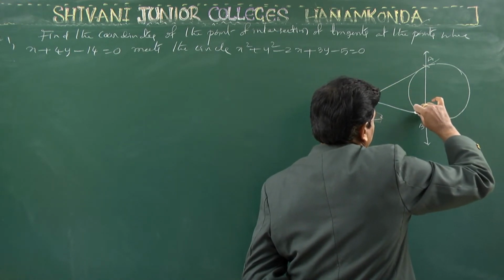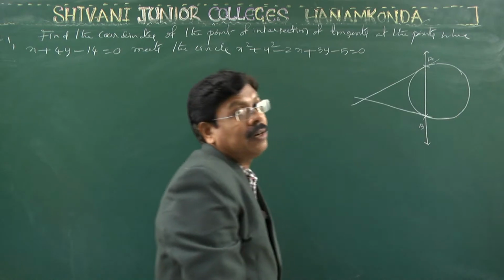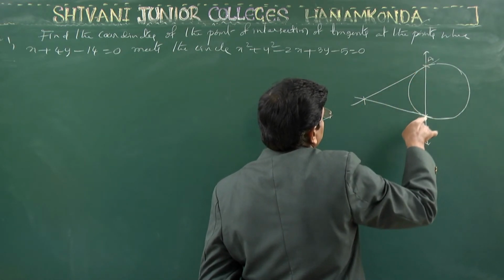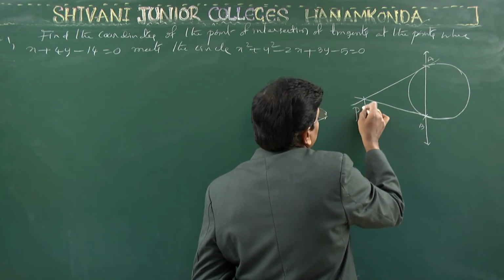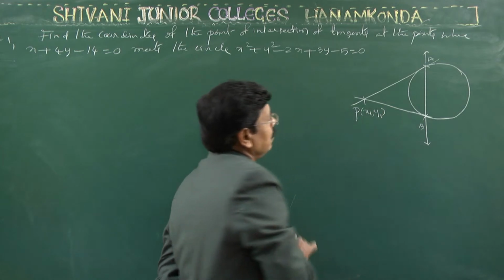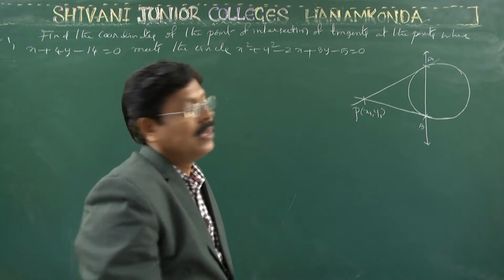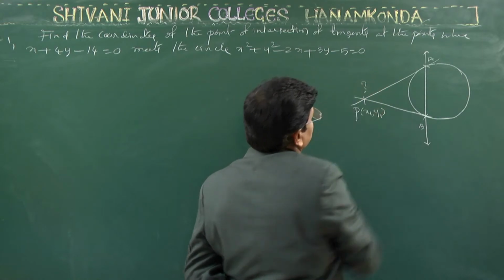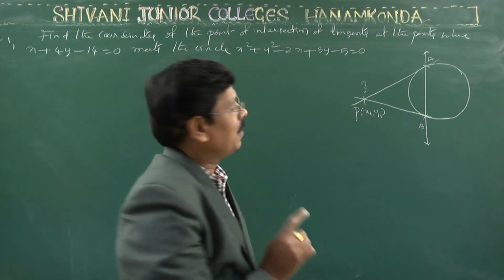The point of intersection of the tangents drawn at A and B is nothing but the point P of x1 comma y1. Are you clear? So P is the required point.